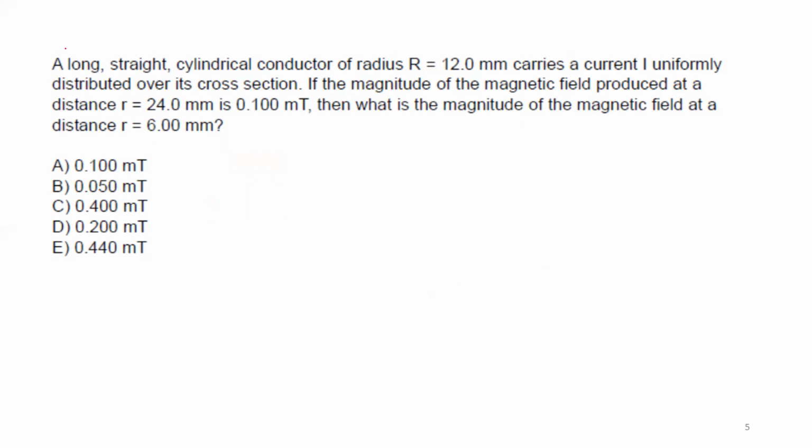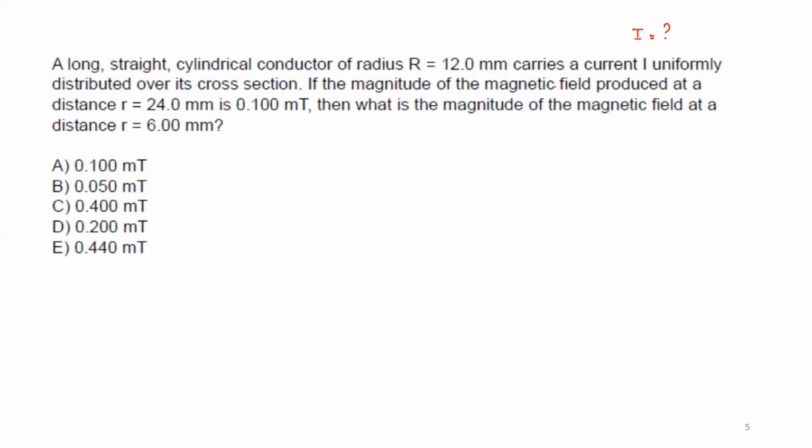Okay, so what do we have here? We have a long straight cylindrical conductor of radius R, which is 12 millimeters. It carries a current I uniformly distributed over its cross section. I did not give you I, by the way. So the first mission is to find I, but we will see.